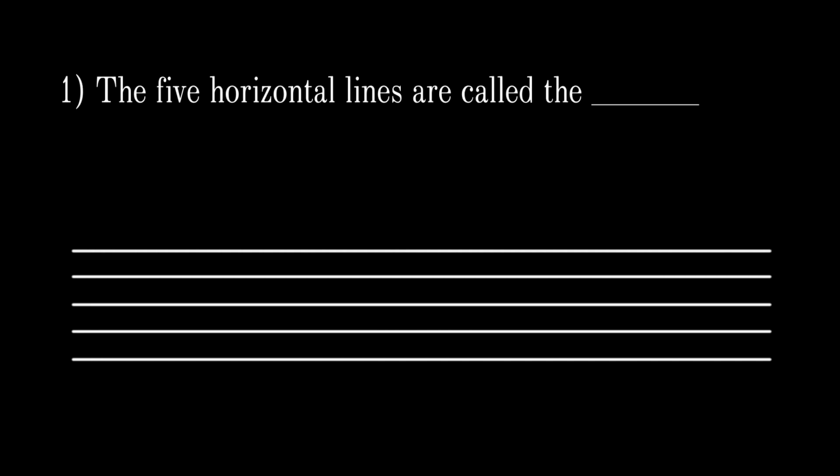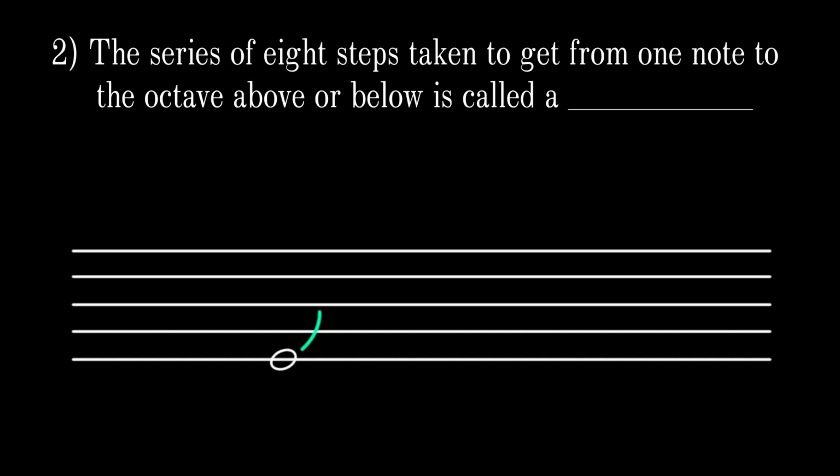So number 1, the horizontal lines in music. This is called a... and the answer is staff. Number 2, the series of steps taken by the voice to get from a note to the octave above or below it is called a... and the answer is scale.